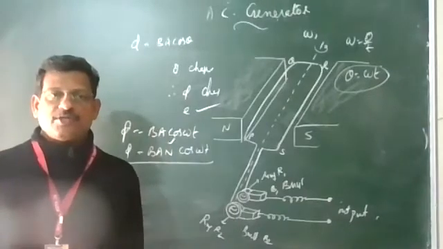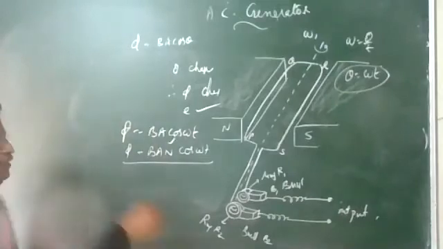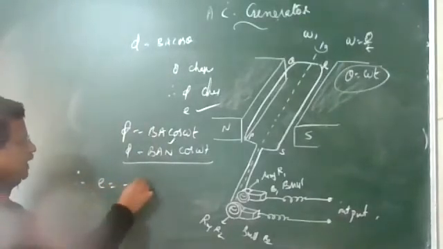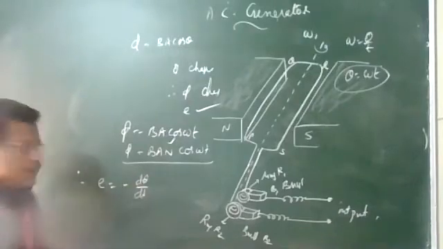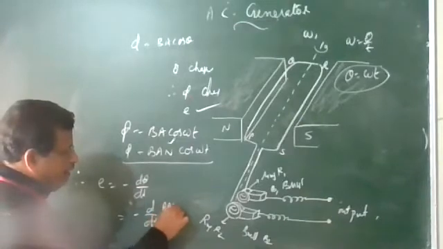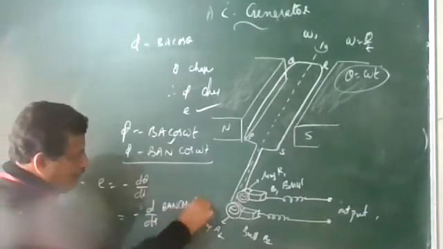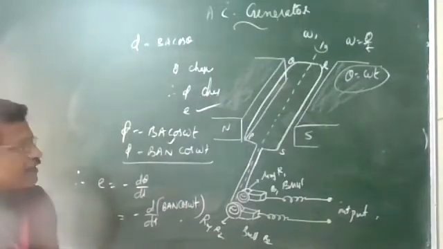So differentiate this equation with respect to t, because when the flux changes, EMF is induced. Therefore EMF is equal to minus d phi by dt according to Faraday's law. That is minus d by dt of BAN cos omega t. BAN can be taken outside.